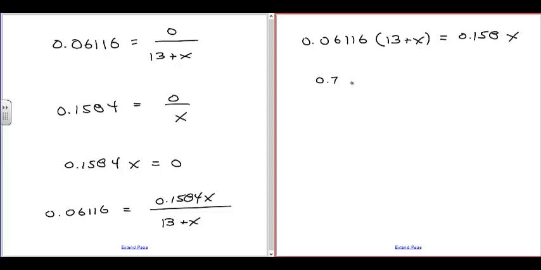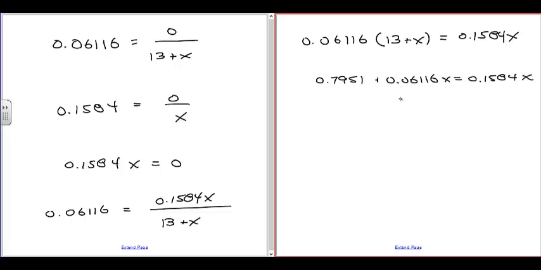Take these out to 4 decimal points. 0.7951 plus 0.06116x is equal to 0.1584x. As I said, go to 4 decimal points.